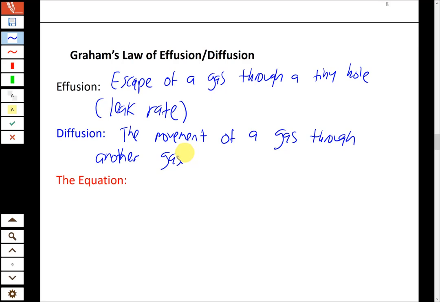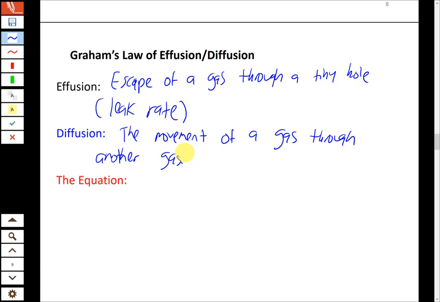Natural gas is odorless, but they add a tiny bit of a sulfur-containing compound, probably dimethyl sulfide or some small molecule sulfur compound, which has a very strong smell. That's so you can actually detect a leak, because with regular natural gas, you would never know that it's leaking until you lit a match and it's too late. So they put something in there to make sure that you can smell it.